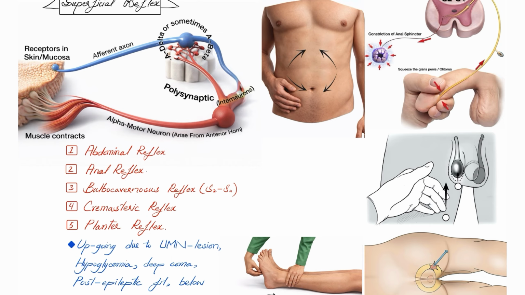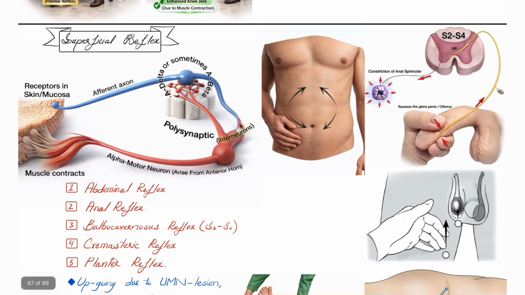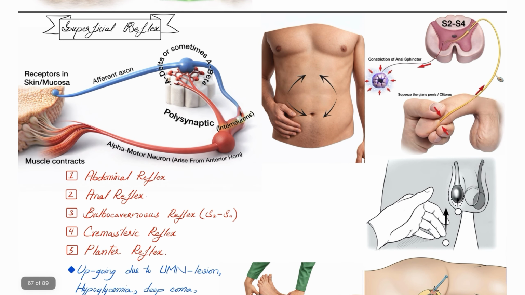And the efferent fiber is made up of alpha motor neuron, which arises from the anterior gray horn and is then supplied to a particular muscle to contract. The superficial reflexes are the abdominal reflex, anal reflex, bulbocavernous reflex, cremasteric reflex, and plantar reflex. I have provided you illustrative guidance for these superficial reflexes.